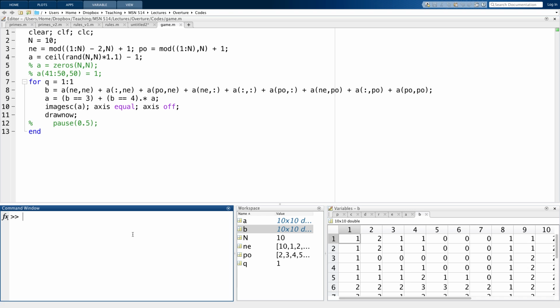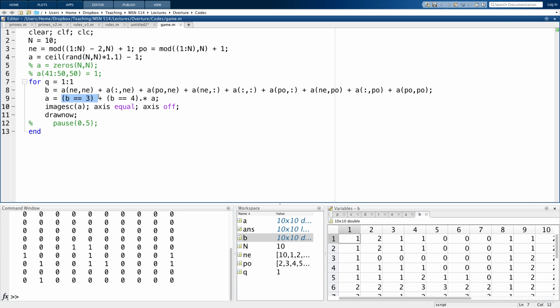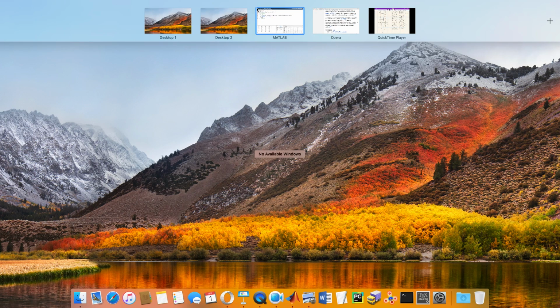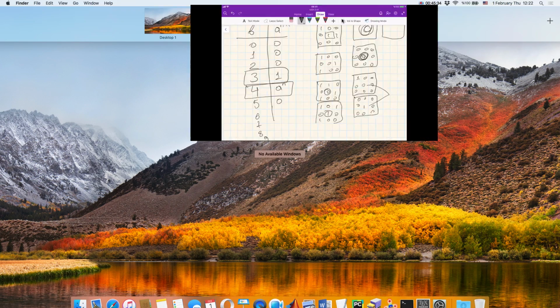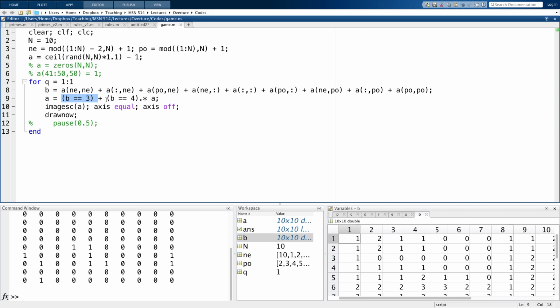If we write down B equals 3, then it will give me zeros except where B is 3, and wherever B is 3, you will get 1. Do you remember our rule? For 3, you get 1. If it's 4, then you get A, whatever A is. You can see that the multiplication will take care of it.